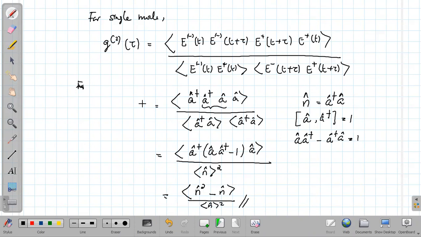So this is the normalized second order coherence function, the quantum mechanical second order coherence function in terms of the number operator.